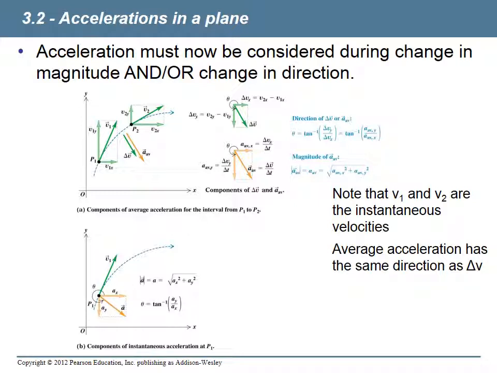Doing the same thing in the y direction, we have this vector here, that's V2y, minus this vector here, V1y. We subtract them, and we get this vector here. This is delta Vy, equal to V2y minus V1y. So this is our delta Vx, this is our delta Vy, this is essentially our acceleration in x, and this is our acceleration in y.